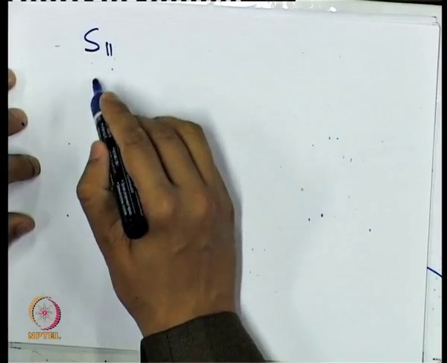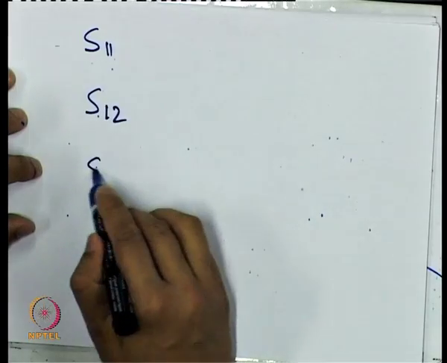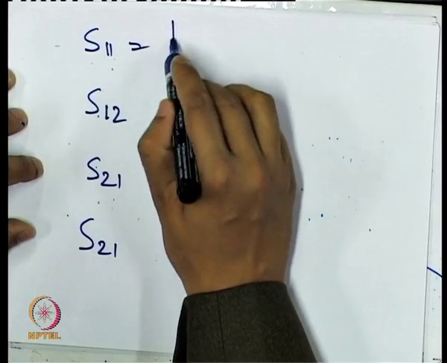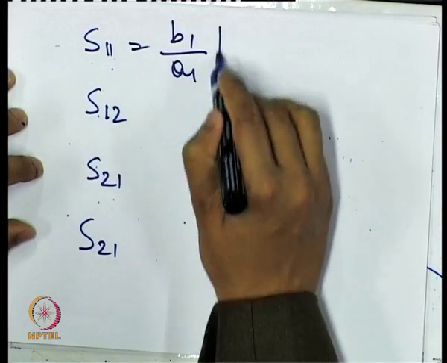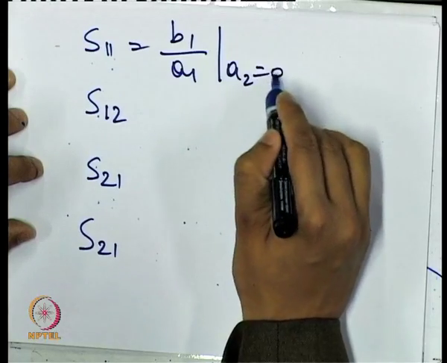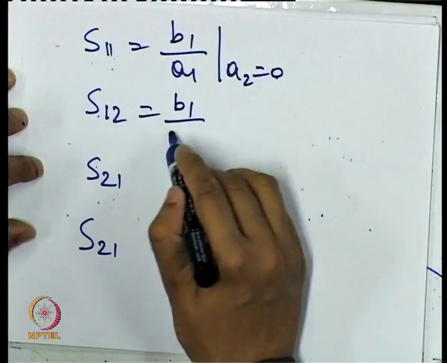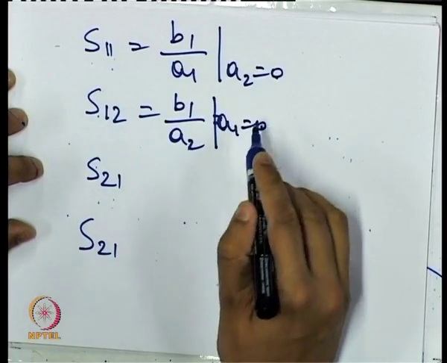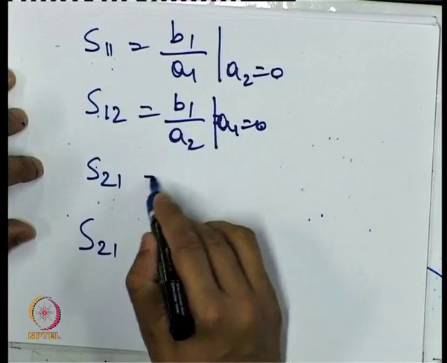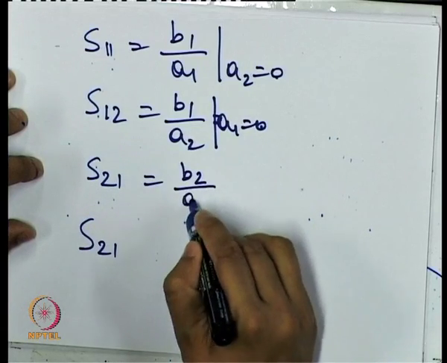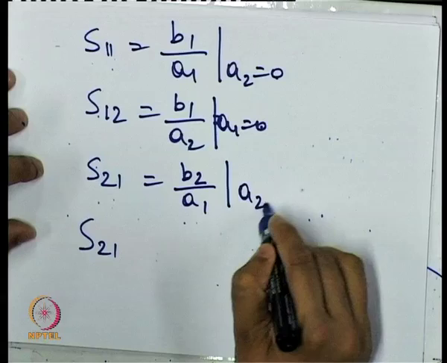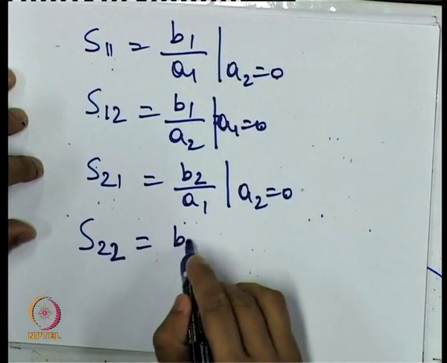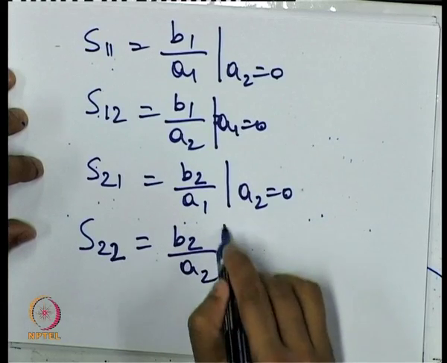These parameters I can just write down like this: S11 is equal to B1 upon A1 with A2 equal to 0. S12 is B1 upon A2 with A1 equal to 0. S21 is B2 upon A1 with A2 equal to 0, and S22 is B2 upon A2 with A1 equal to 0.